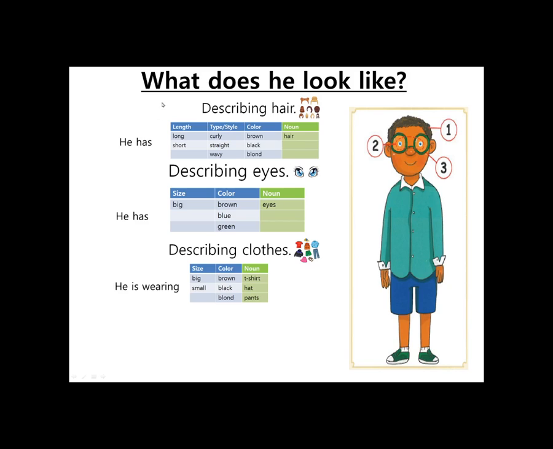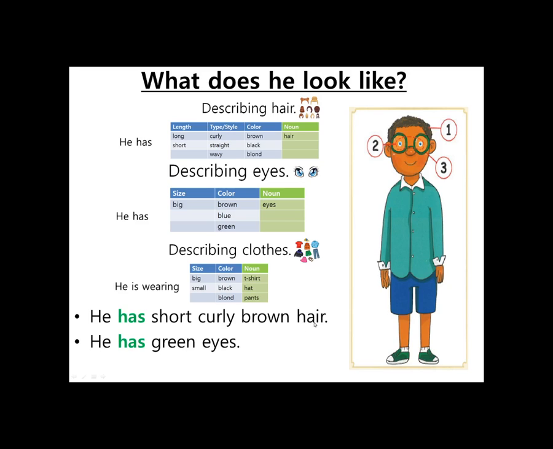Okay, so let's finish with this one. What does he look like? Okay, number one, hair. He has short, curly, brown hair. Okay, he has green eyes.